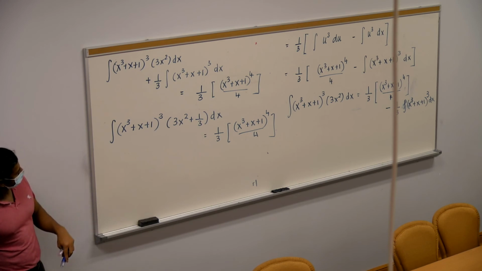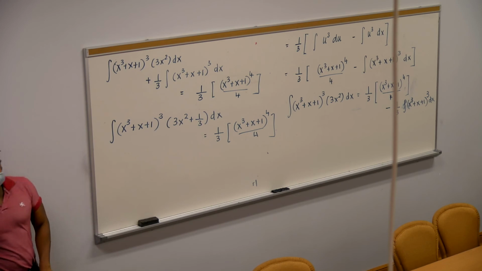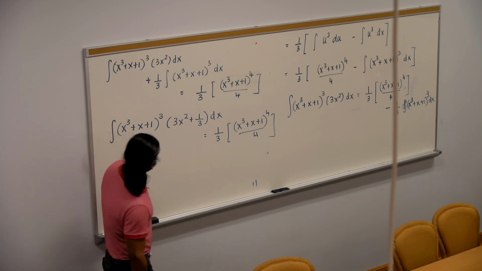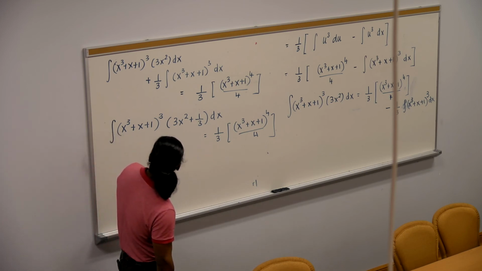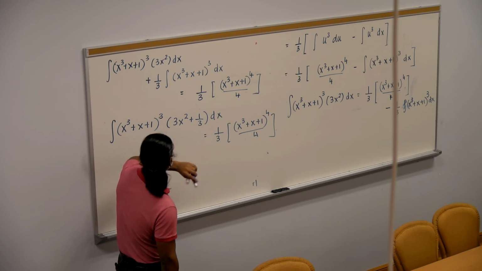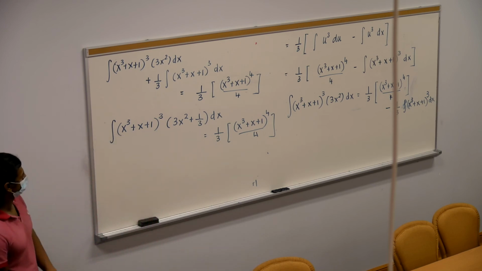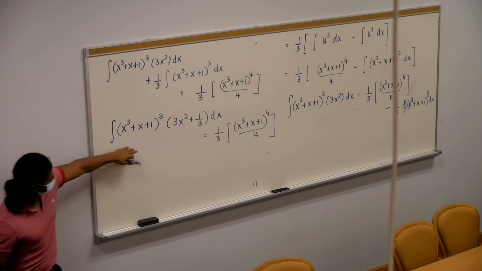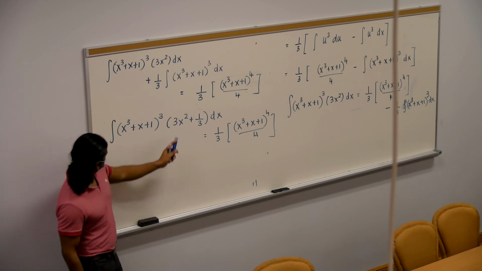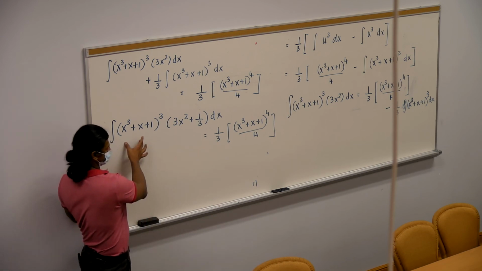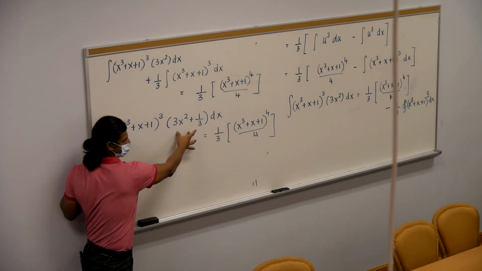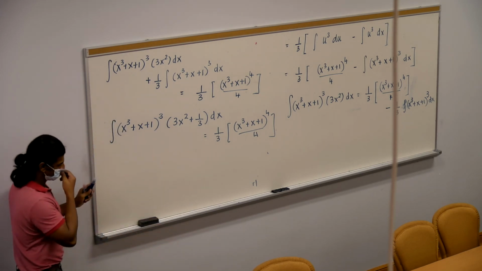We still need a reasonable u on this side. What should we pick for u now? On this side, if I pick u as x cubed plus x plus 1, I'm just going to get 3x squared plus 1.